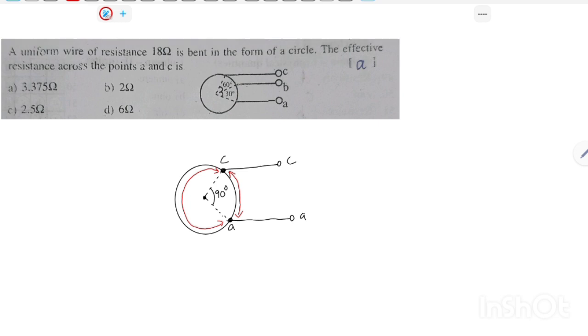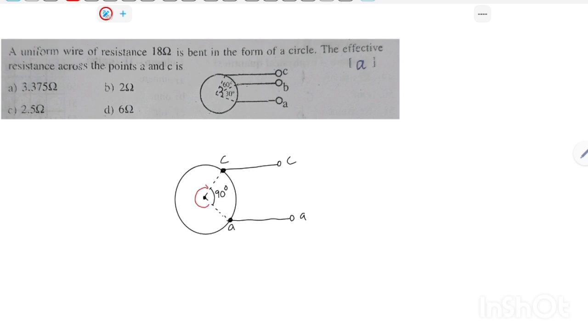In order to find the equivalent resistance, we need to find the equivalent resistance of the parallel combination of two resistors. In order to do that, first we need to consider this angle. If this angle is 90 degrees, what about this angle?